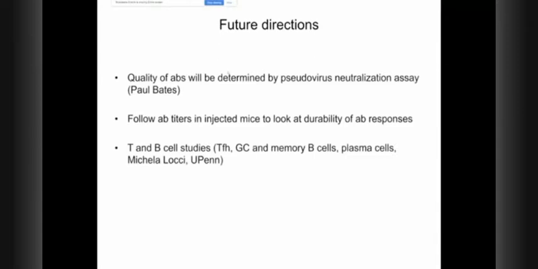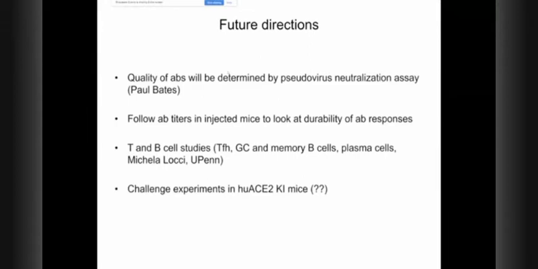We would like to expand these studies, and I've been working with Michela Locci on a bunch of different projects, and we would like to team up and look at the T follicular helper cell, germinal center B cell, memory B cell, and plasma cell responses in the context of the new coronavirus. I'm looking forward to it.